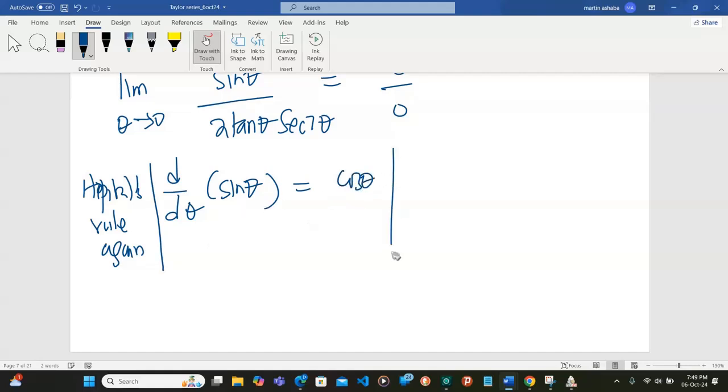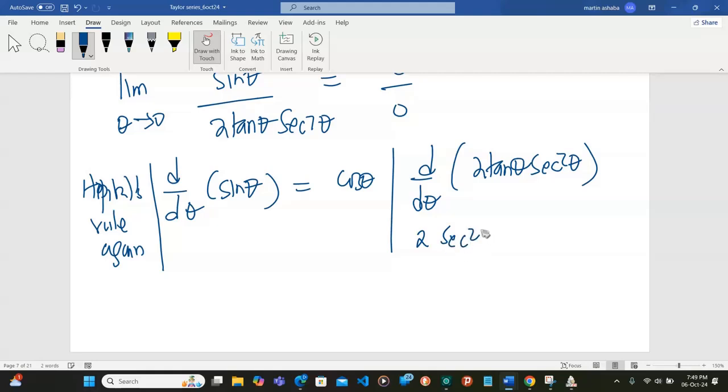When I differentiate 2 tan theta sec squared theta, when you try it, you'll find that you'll have 2 sec to the power 4 theta plus 4 sec squared theta tan squared theta. So when you don't know how to differentiate, here you become stuck.